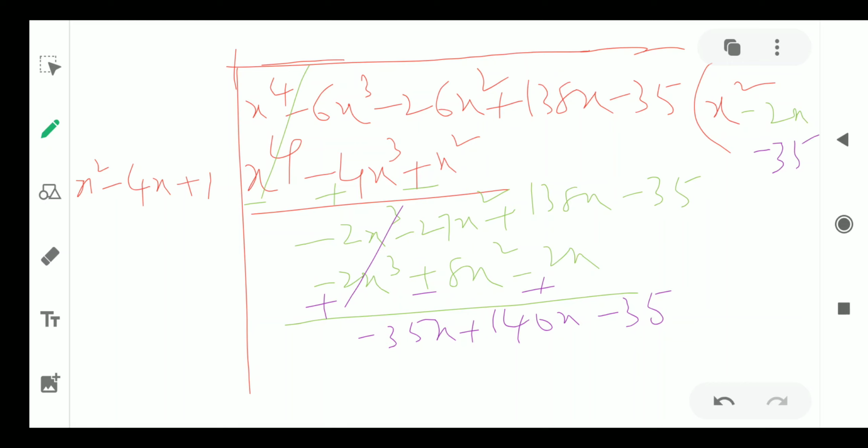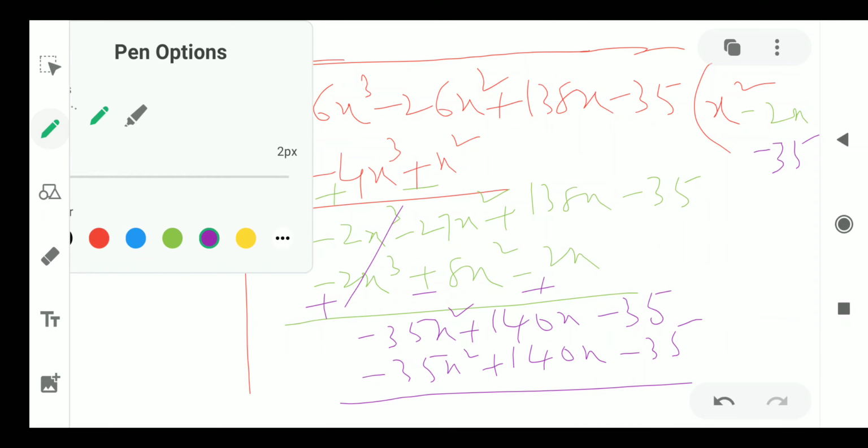So this will become minus 35 x square, 35x square plus 140x minus 35.